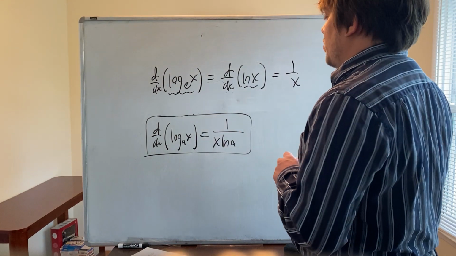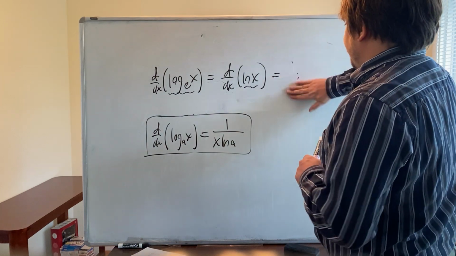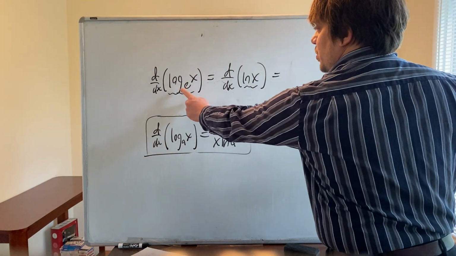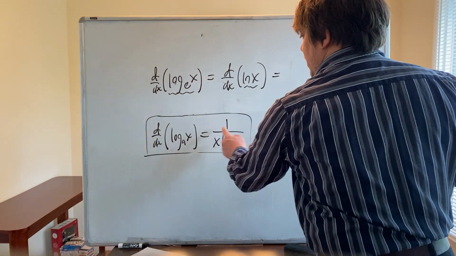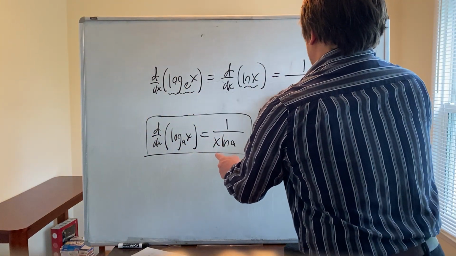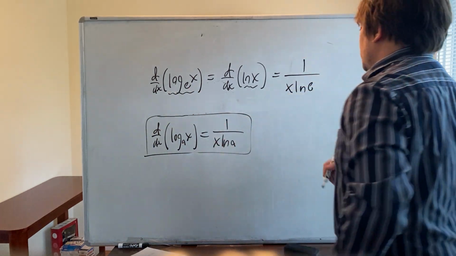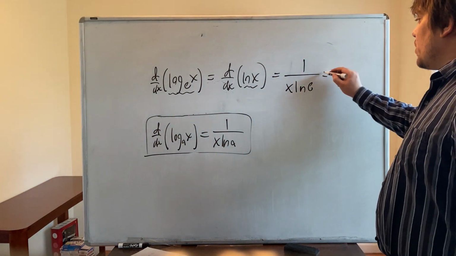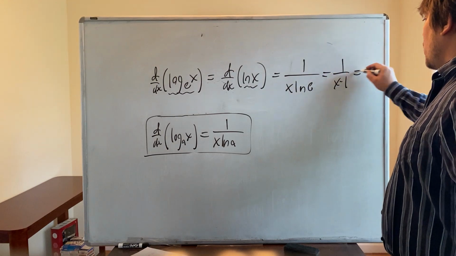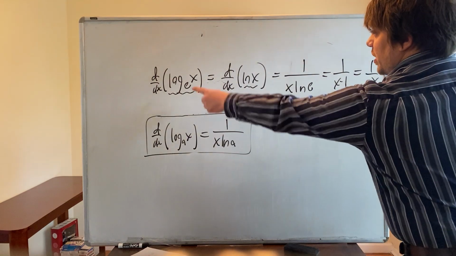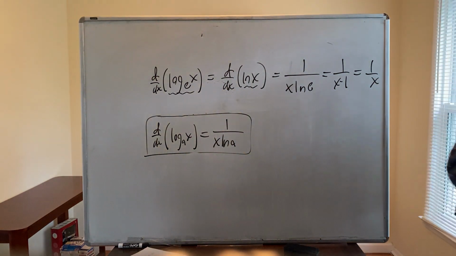So it's d/dx of ln of x, but by this formula, the derivative of log base e of x is 1 over x ln of e. ln of e is 1, so this is 1 over x times 1, which is 1 over x. And so using this formula, we get the derivative of log base e of x is 1 over x.